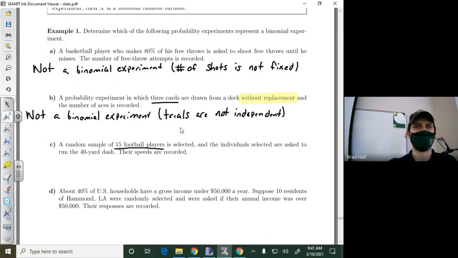But we're assuming that these are all individual trials where the speed of one person is not going to affect the speed of another person. So these are, in fact, independent trials. The speed of one football player is not going to affect the speed of another.